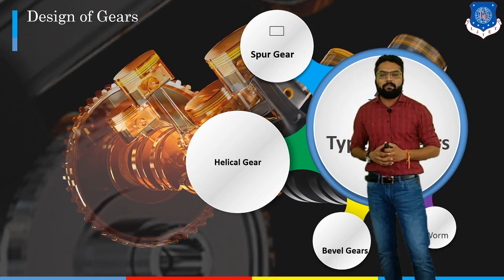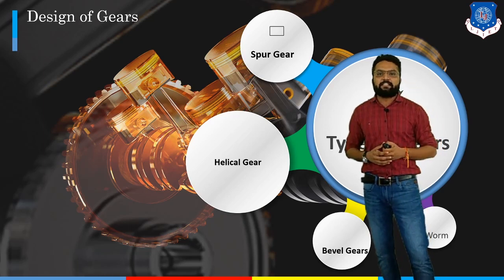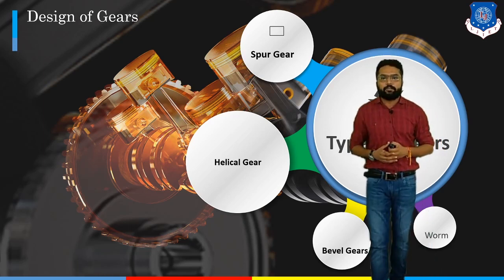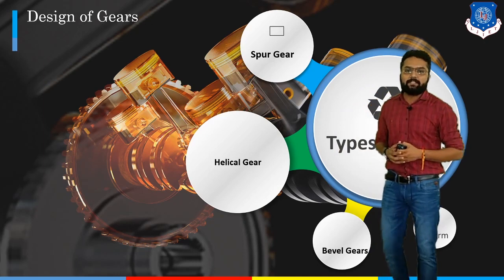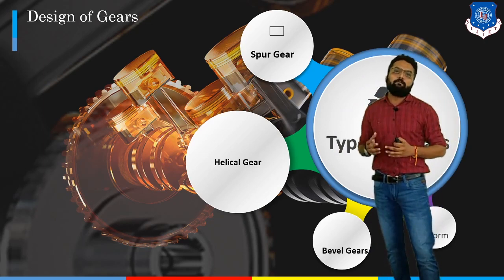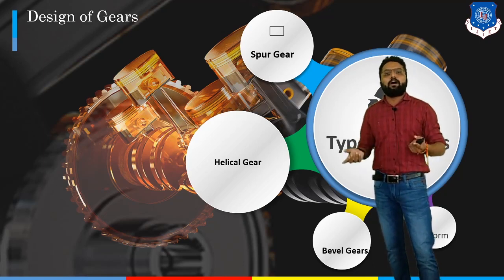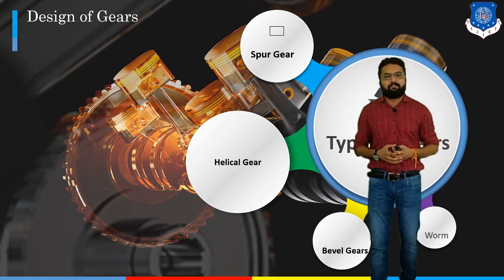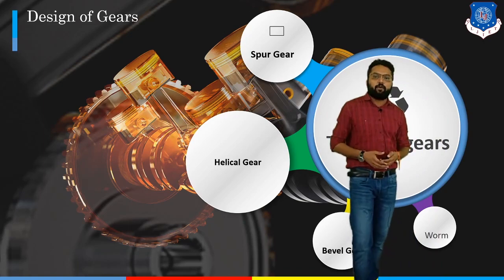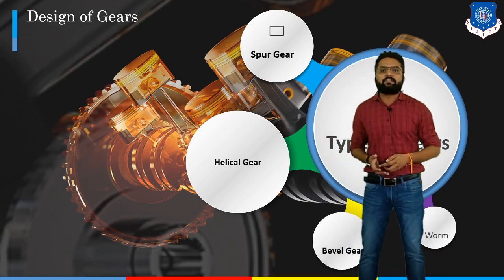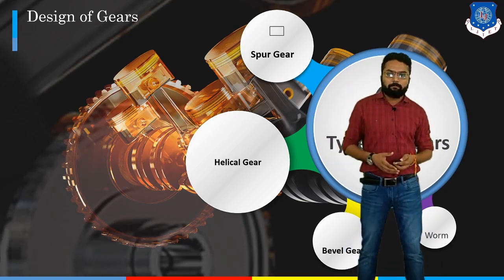Helical gear is going to have teeth with a helix angle, which makes an angle with its own axis. Bevel gear, both the pinion and gear, have axes which are at an angle, and ultimately worm wheel is a different type of gear.